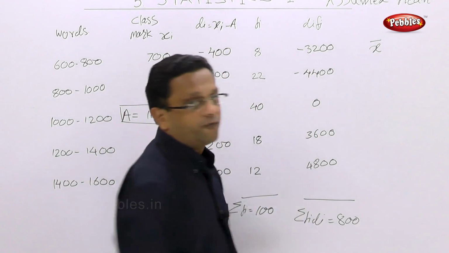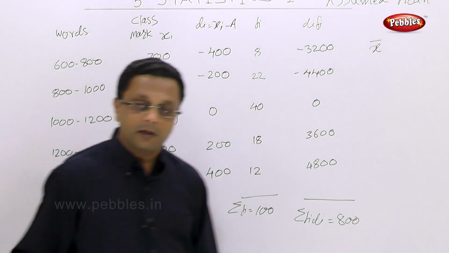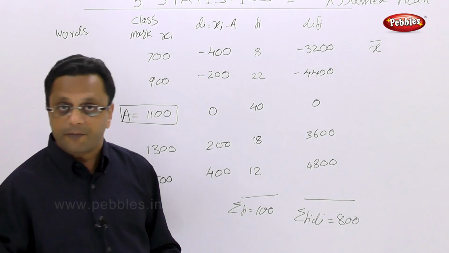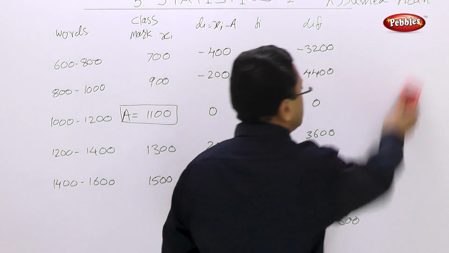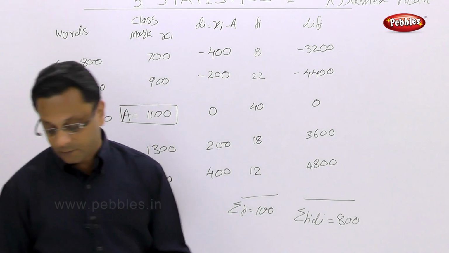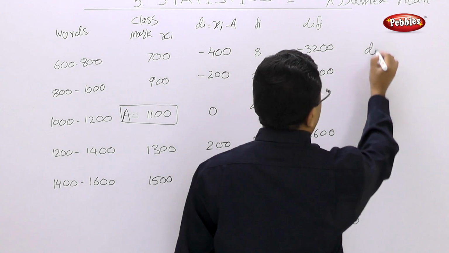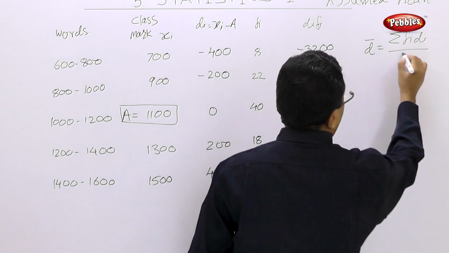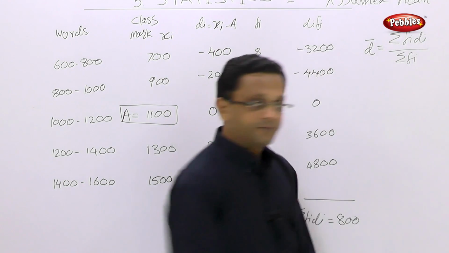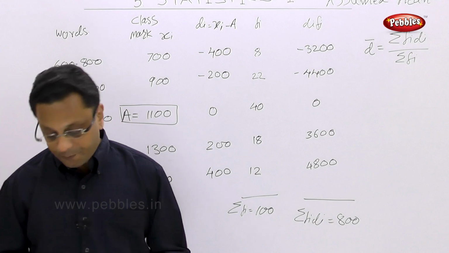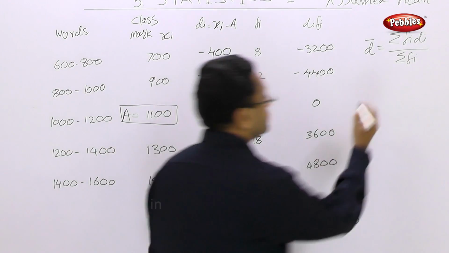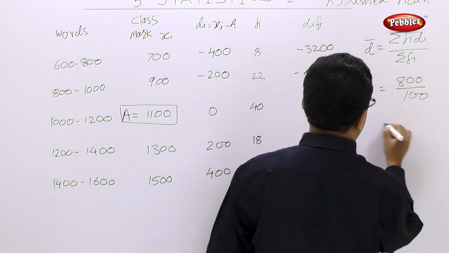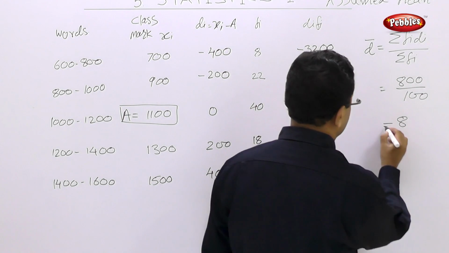So here, instead of finding out x bar first, that is x bar is equal to sigma fi xi upon sigma fi, instead, we will first find out d bar, that is sigma fi di upon sigma fi. Okay, that is 800 upon 100, that is 8.